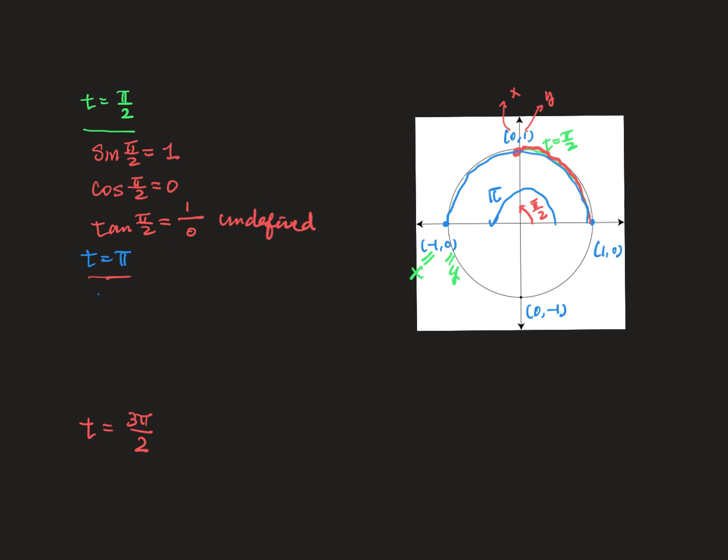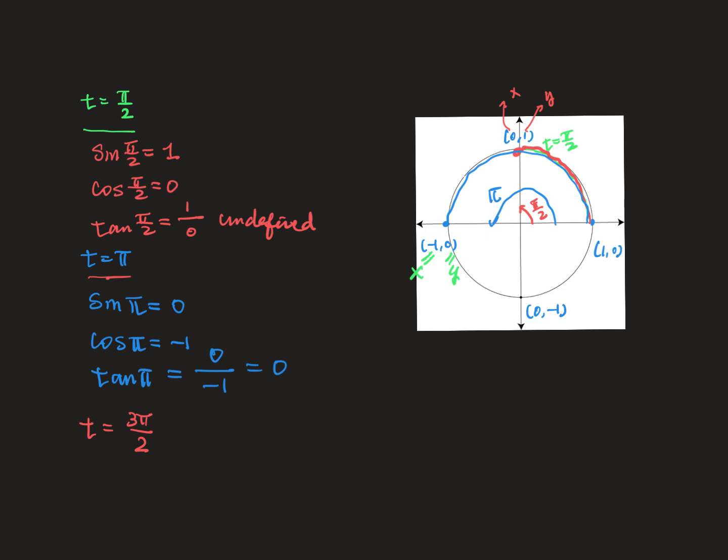So sine pi is the y value, 0. Cosine pi is the x value, negative 1. Tangent pi is y over x, 0 over negative 1, which is 0.